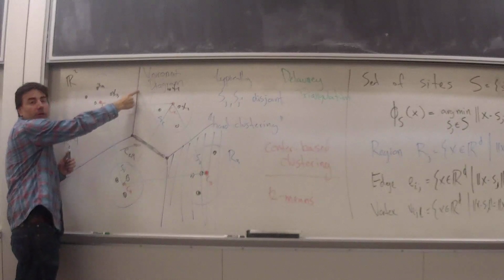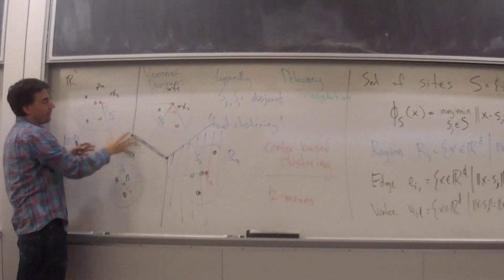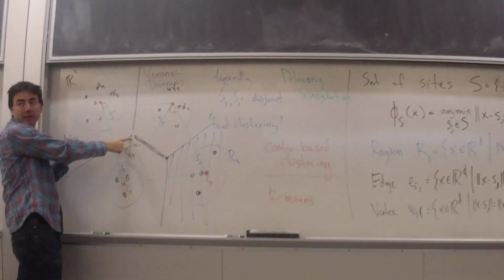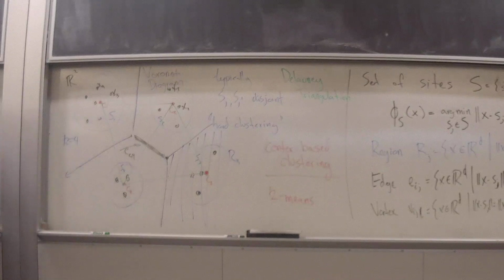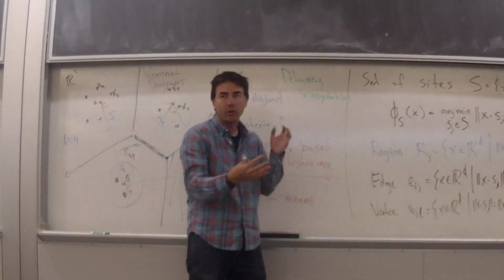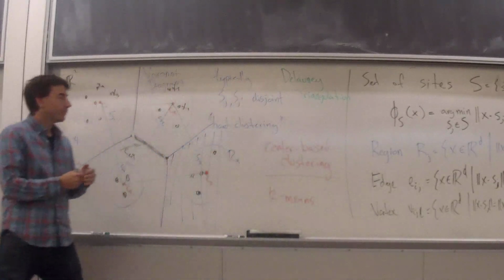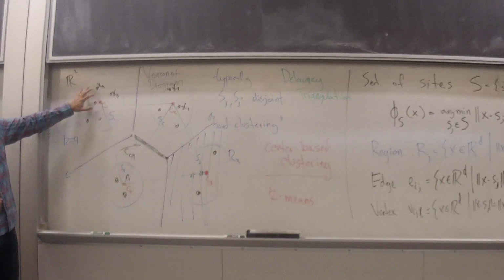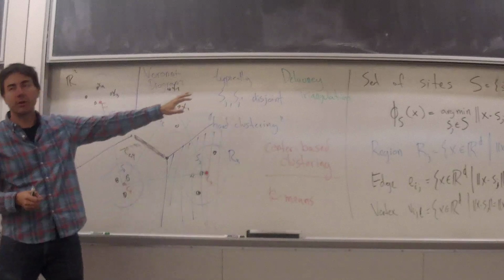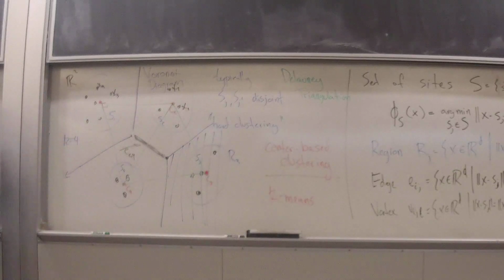This green edge corresponds with this purple edge, and every face in the triangulation corresponds with a vertex in the Voronoi diagram. So these regions, edges, and vertices correspond one-to-one with an object in the Delaunay triangulation. So the size complexity of the Delaunay triangulation is the same as that of the Voronoi diagram.